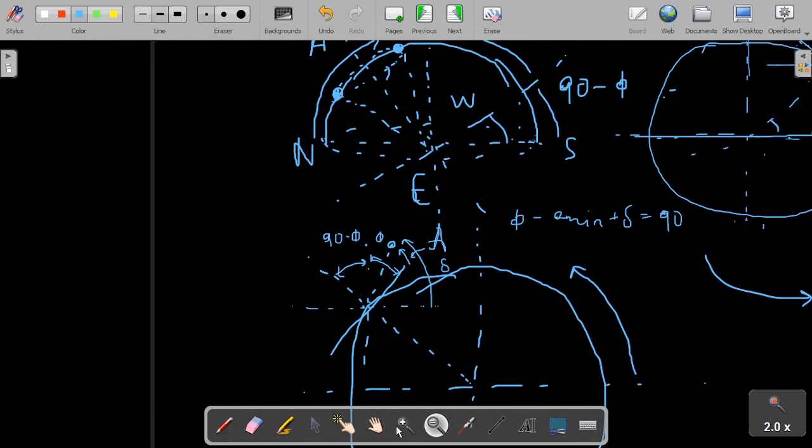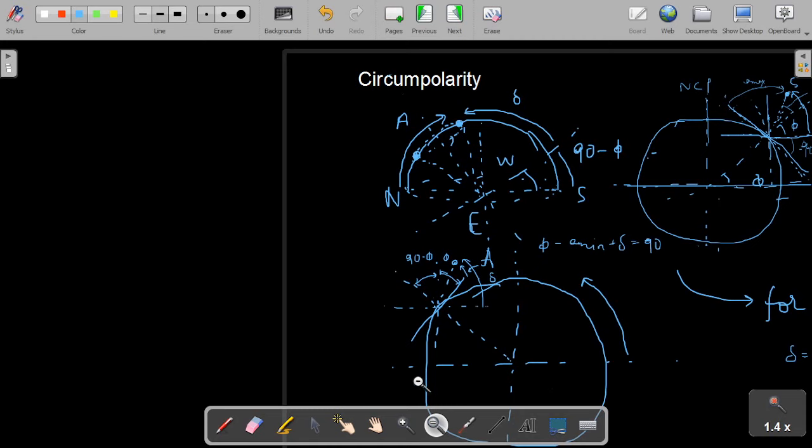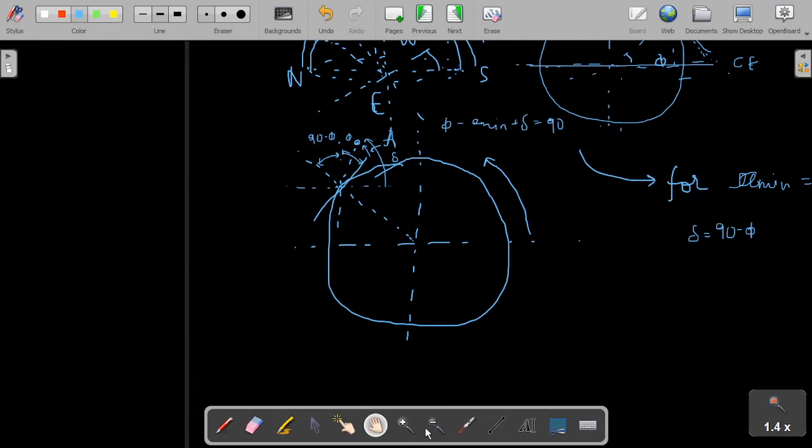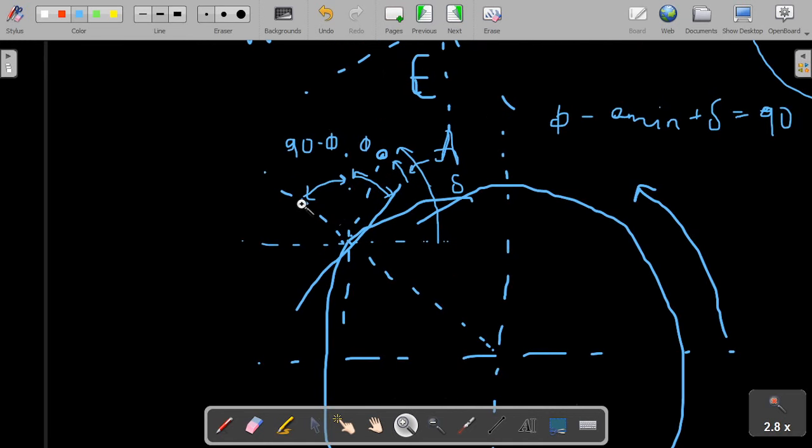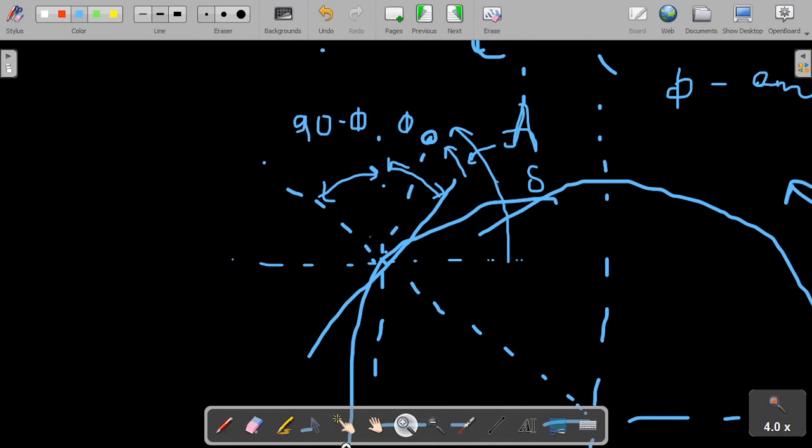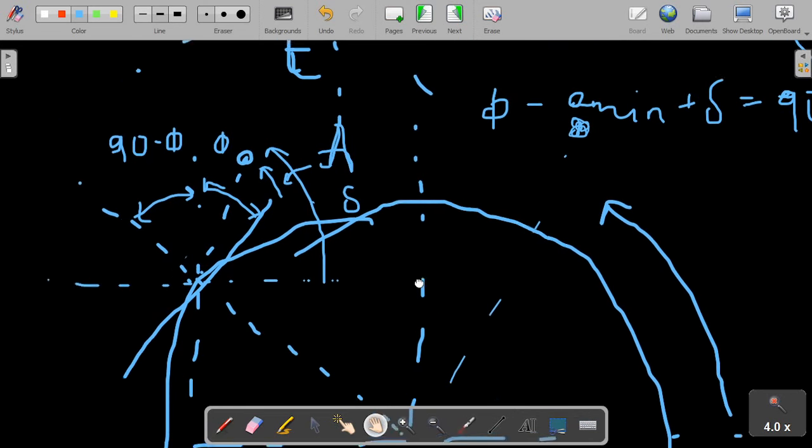Now let's talk about A min. Suppose the star is located here. So this would be the declination of the star, delta.